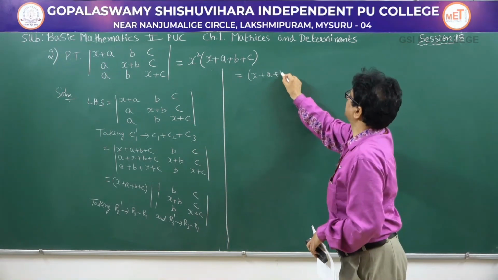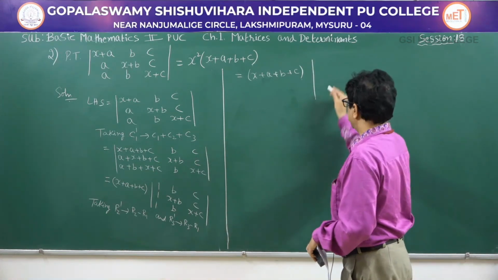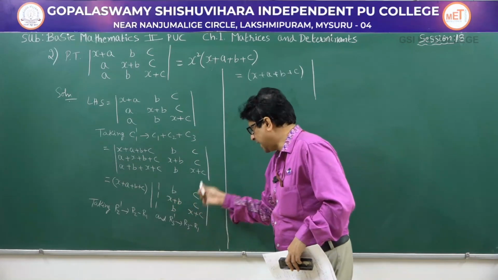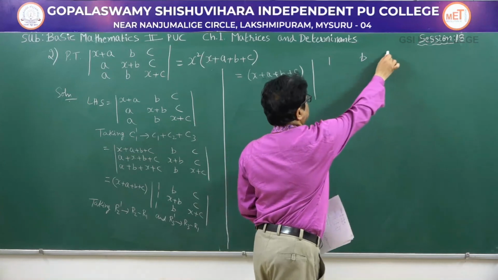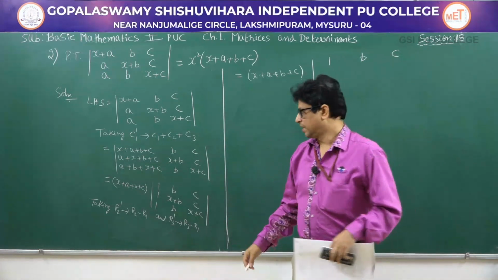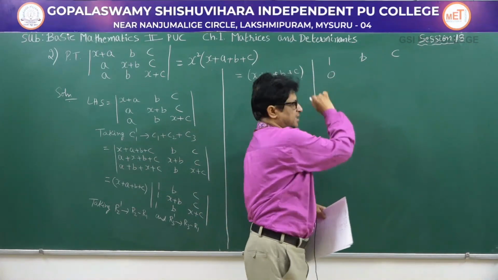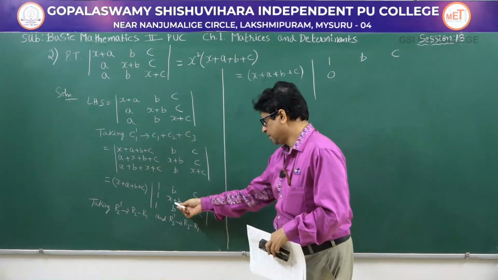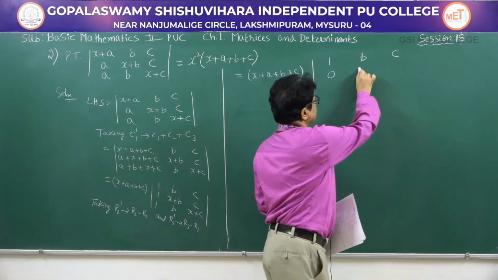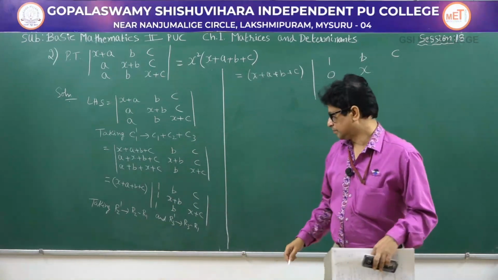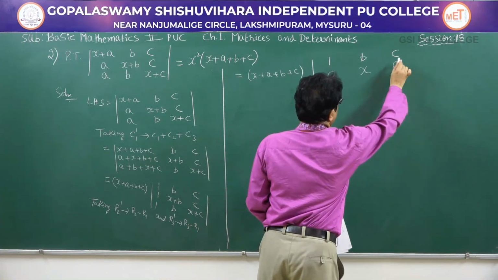X plus a plus b plus c into determinant of, here the first row remains as it is, that is 1, b, c, and the second row becomes 1 minus 1, we get 0, x plus b minus b, we get x, c minus c, we get 0.